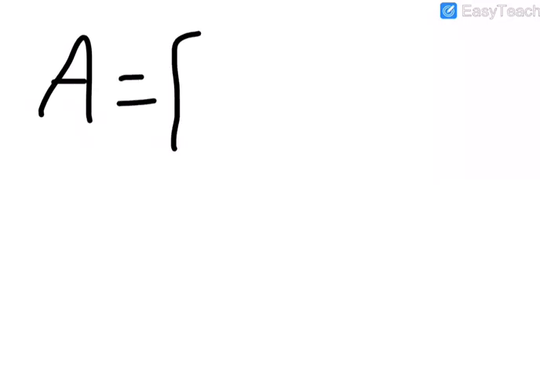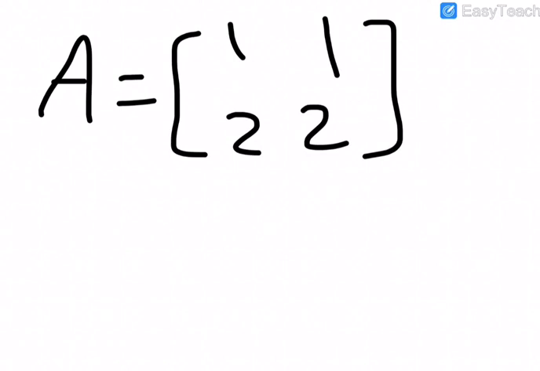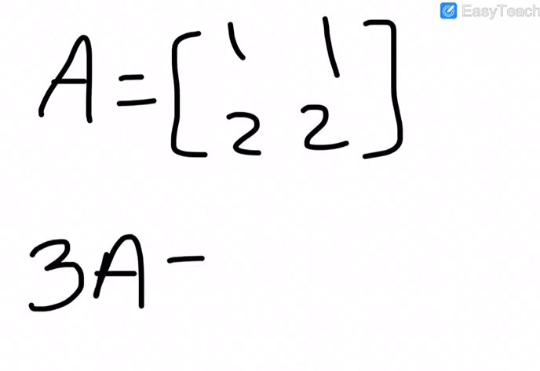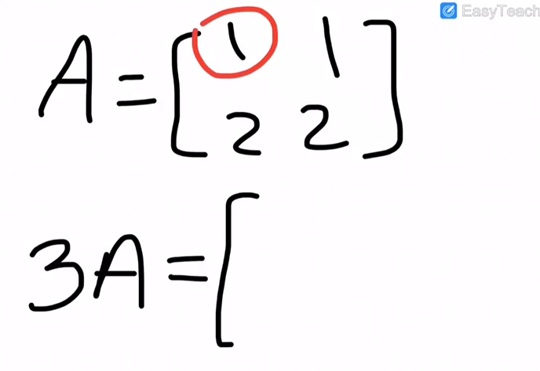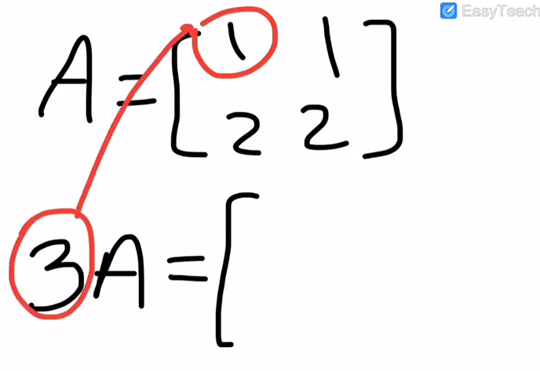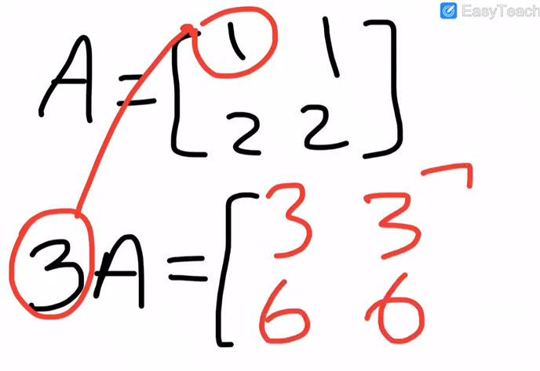If you have a matrix A, let's say 1, 1, 2, 2, you can multiply it with a number like 3. 3A is equal simply, how do we do it? You just multiply each element of the matrix by this multiplying factor. 3 times 1, 3, 3, 6, 6. Right? That's simple.